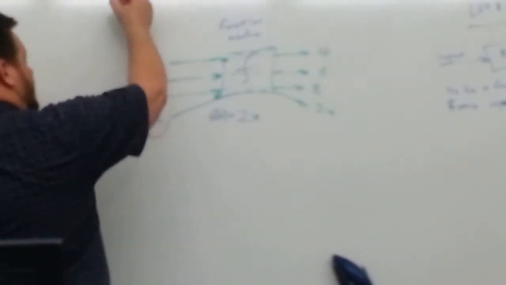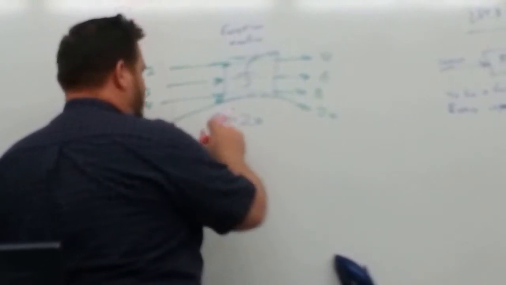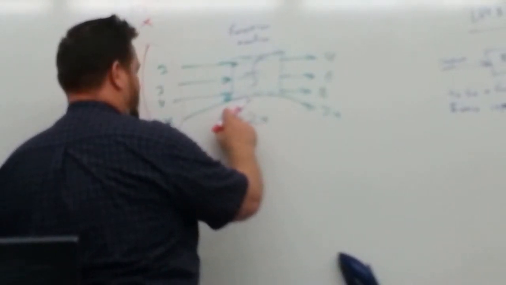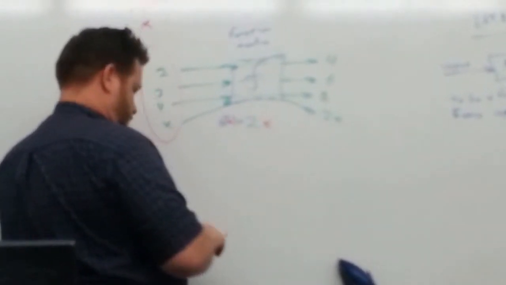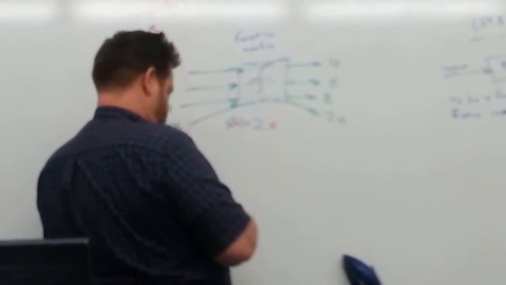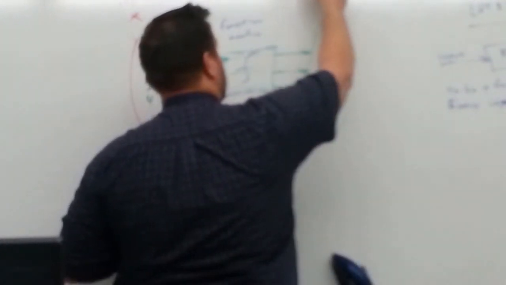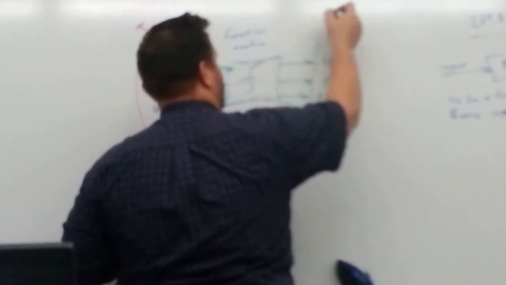These here are the inputs, kind of like your x. We're plugging in the inputs, the function is doing something to them, and what comes out, the outputs, is kind of like the y.